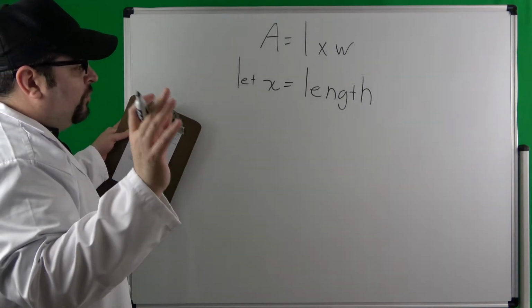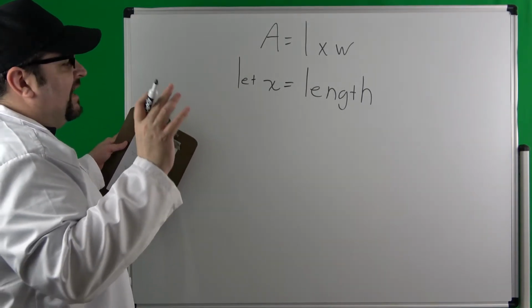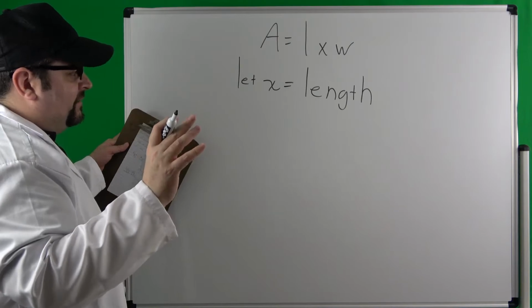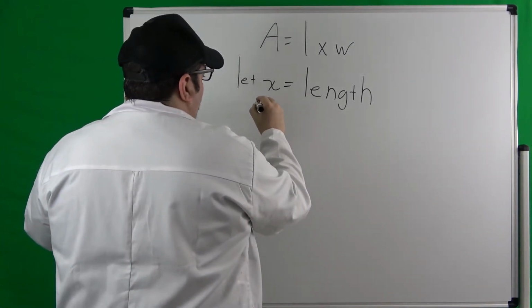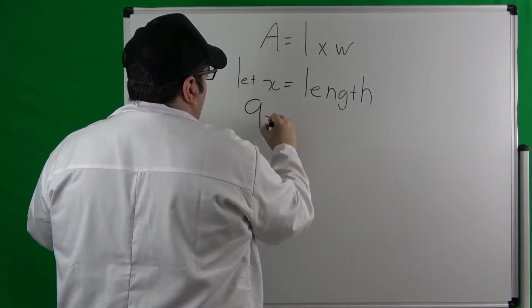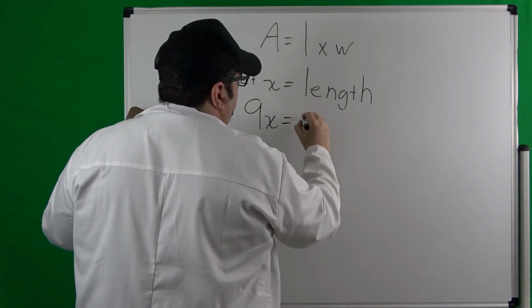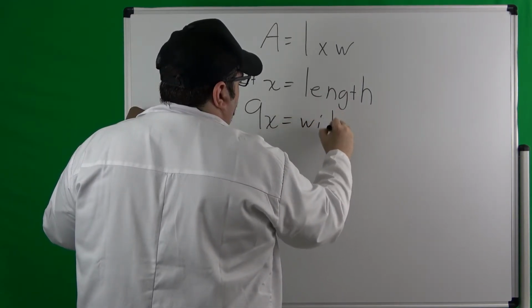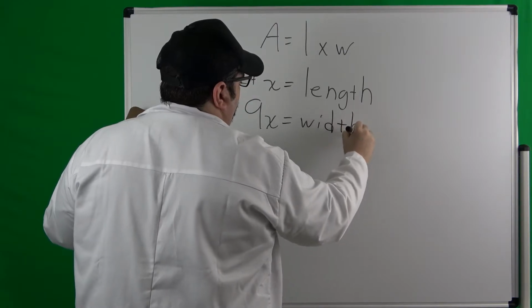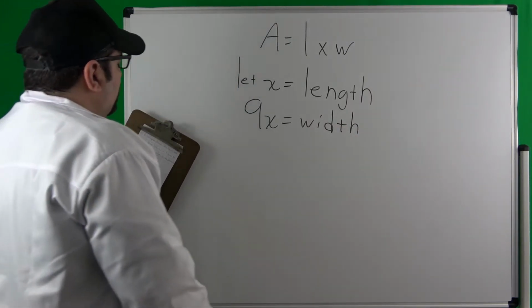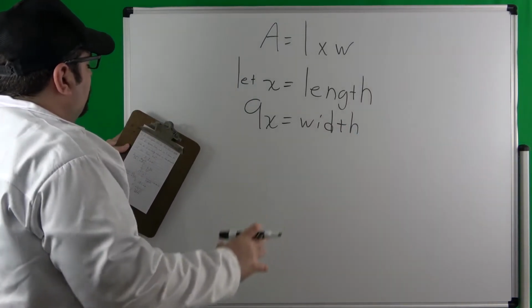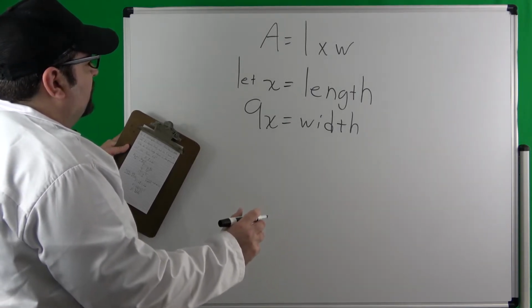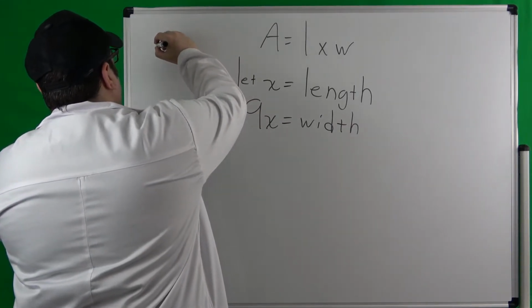Now, the problem said the width is 9 times the length. So the width is going to be 9x. So we're going to use that for an equation. It already told us that the area was 81.